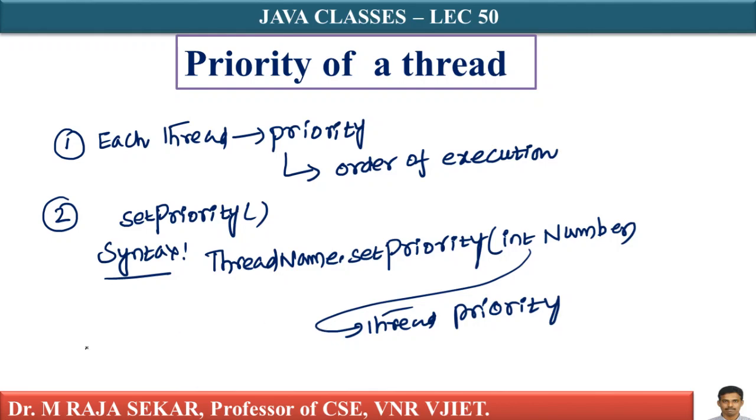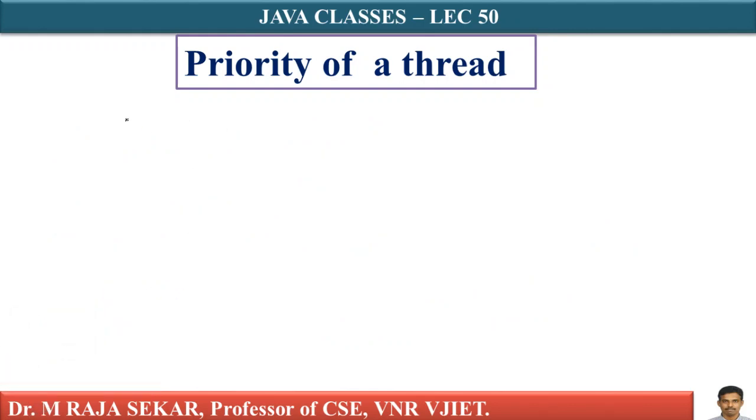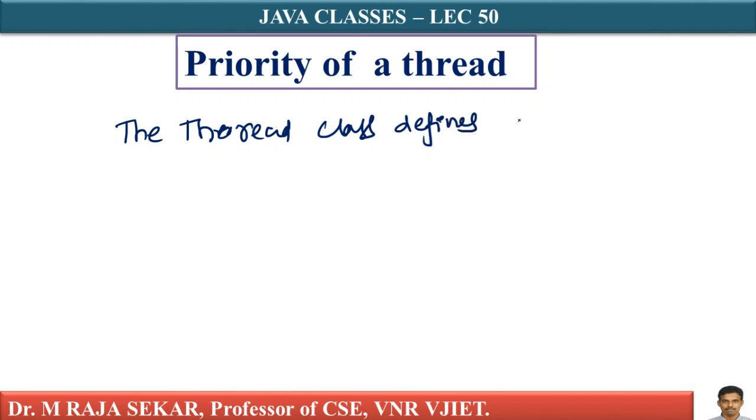The Thread class defines several priority constants. What are those priority constants?